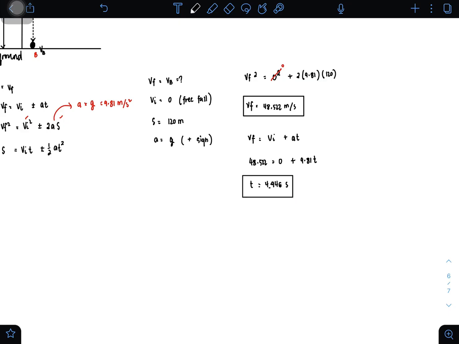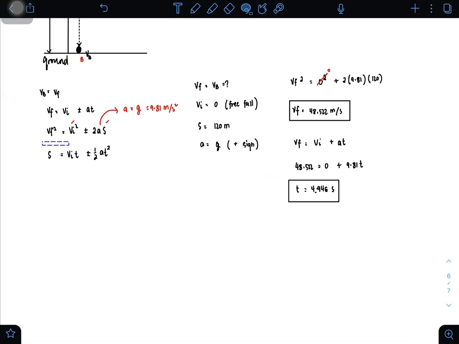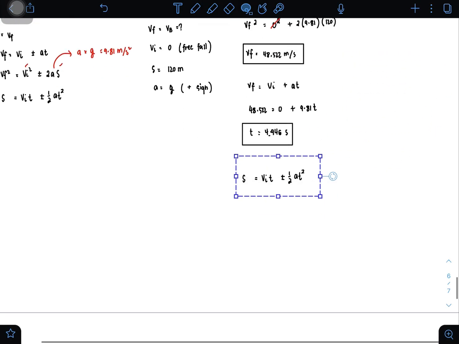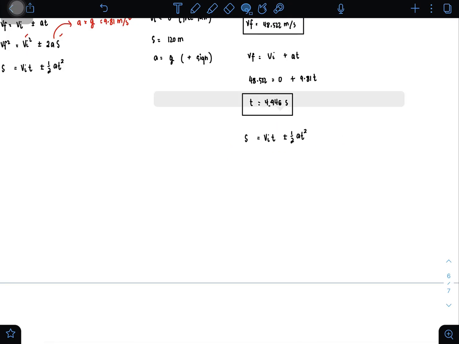If you wish to use the other formula, there's no problem with that, as long as you supply the necessary elements. For example, this one here, we're going to use the distance formula.